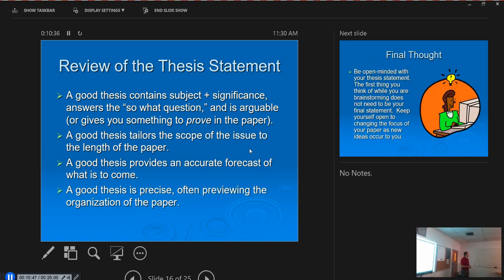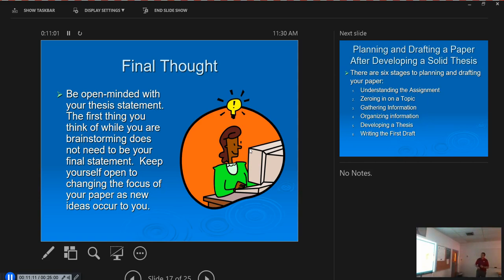We really shouldn't have much in the way of surprises once we get to the end of the introduction in a paper. A good thesis is precise, previewing the organization of a paper. So the points that you reveal in your thesis, in all likelihood, are going to be the way that you discuss them in the essay.